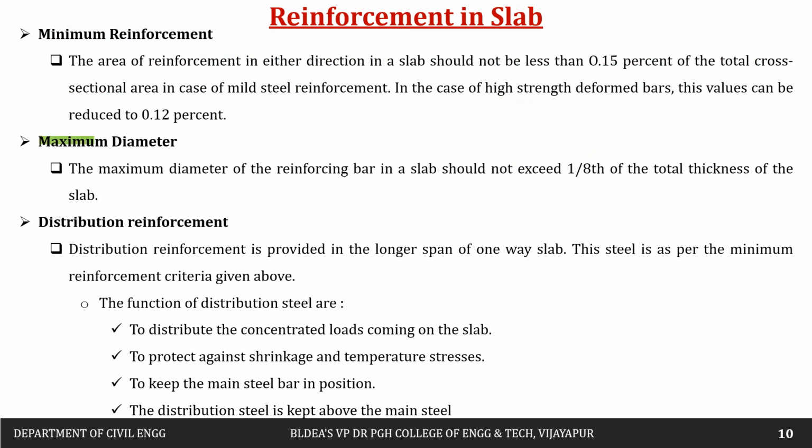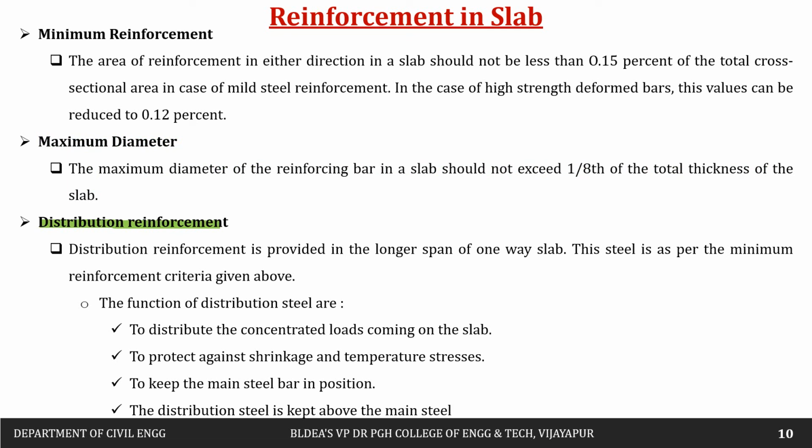Next, the maximum diameter of the reinforcing bar in a slab should not exceed 1/8 of the total thickness of the slab.